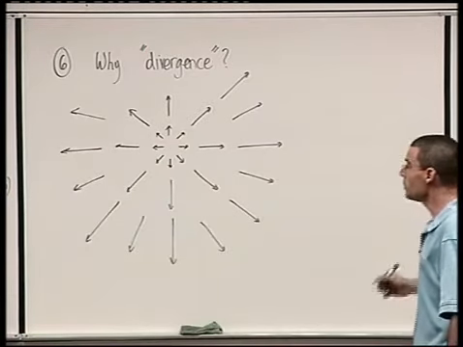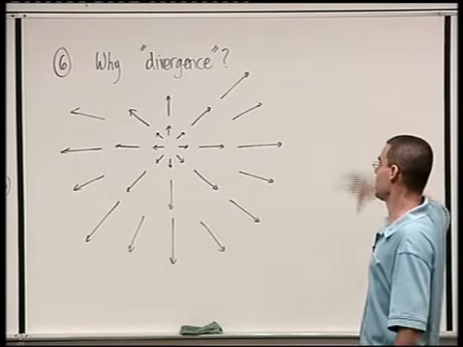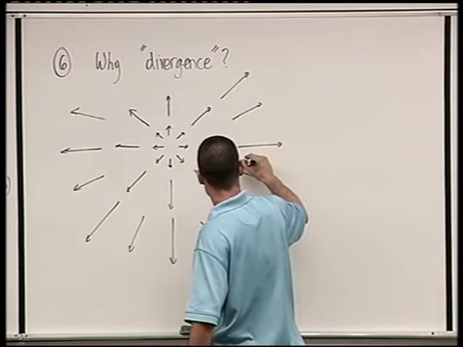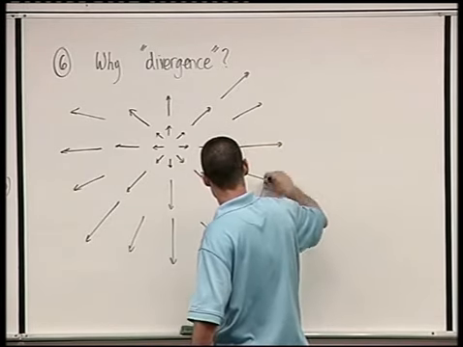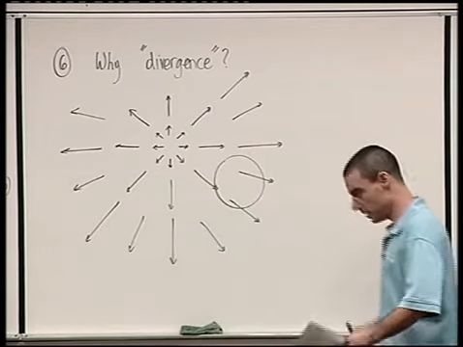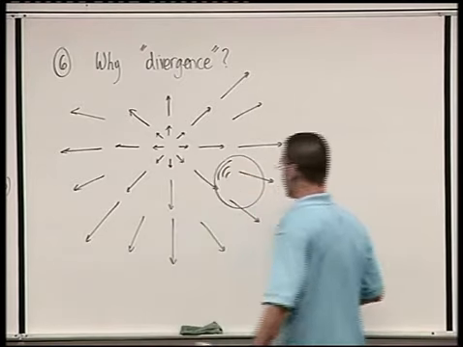Okay, so here's a field. And suppose we put any closed surface somewhere in this region. Suppose we take, for example, a ball and put it here. Here's our surface S. This is a ball.